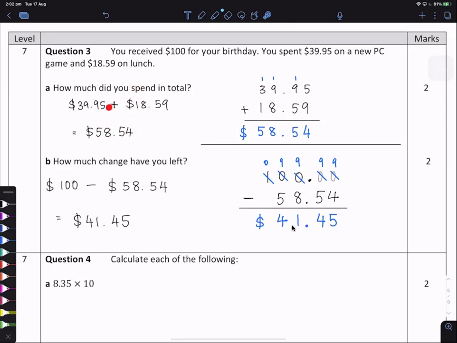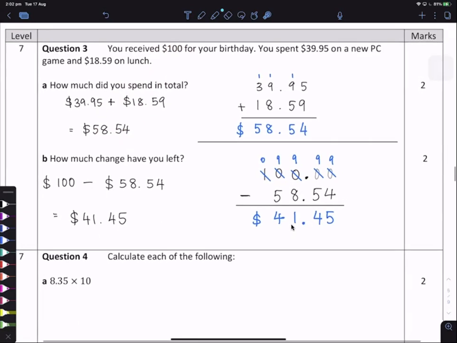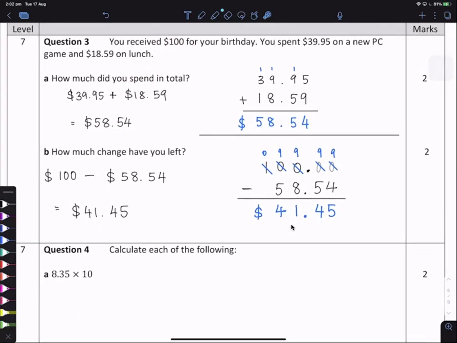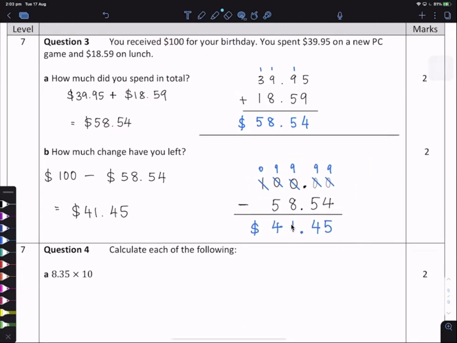And after that, if you want to know how much money you had left, well, it's the difference between the 100 and the 58.54. So reading the question and understanding what goes on really helps us understand how to set up the question to calculate.